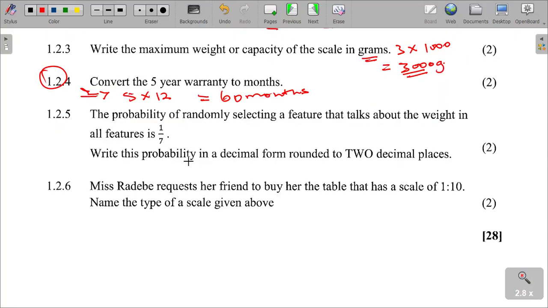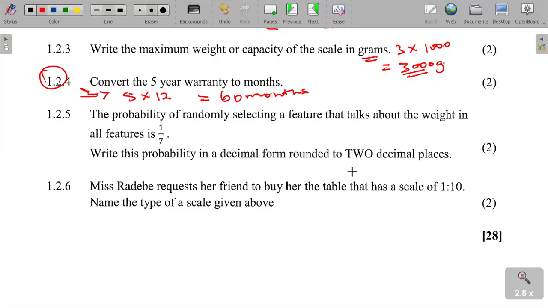And then the next question is saying the probability of randomly selecting a feature that talks about the weight in all features is 1/7. Write down the probability in decimal form rounded to 2 decimal places.